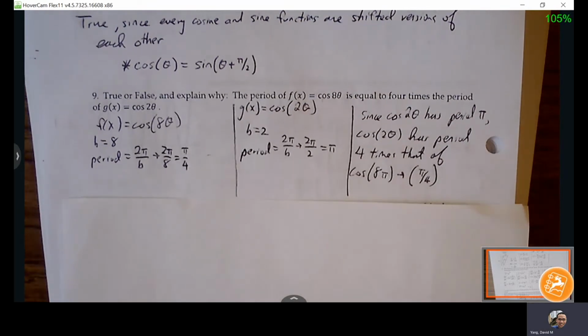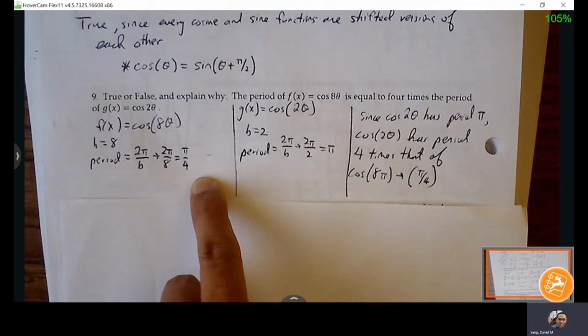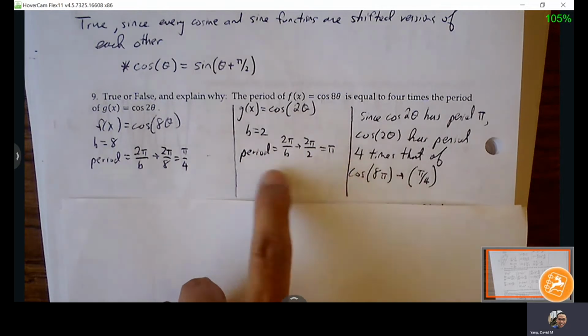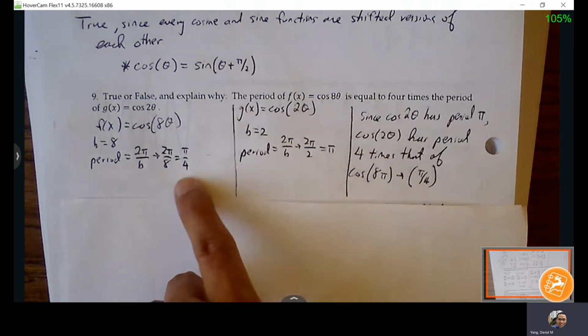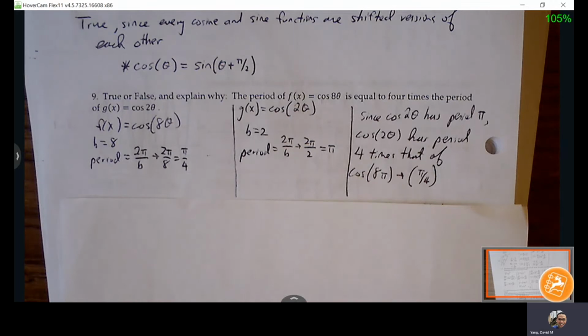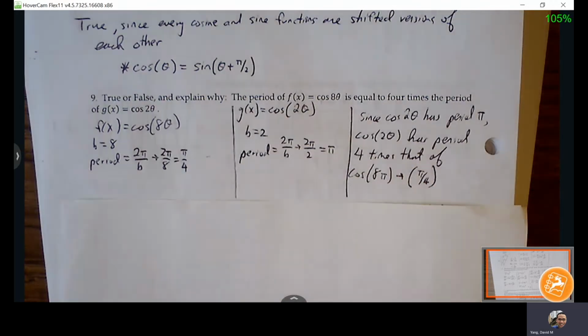They both can use period equals 2 pi over b. One has a b value of 8, the other has a b value of 2, and we end up with pi over 4 versus pi. So it's kind of flipped around, right? This is the larger one. So cosine 2 theta is actually 4 times, so it's a false statement, and we can correct that statement here.